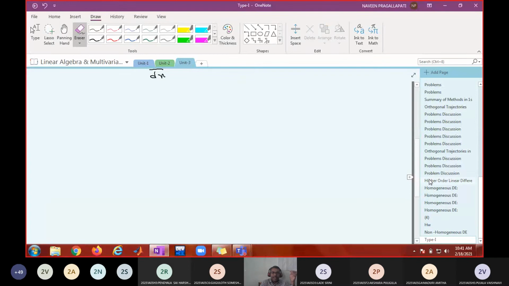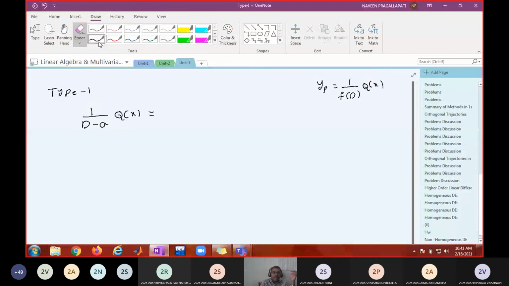So you just write it as a formula. You don't need this derivation. The formula is going to be: 1 by d minus 1 of Q of x is e power x into the integral of e power minus x Q of x dx.